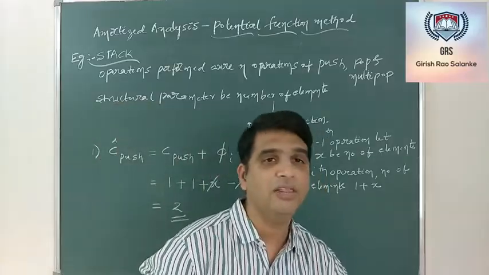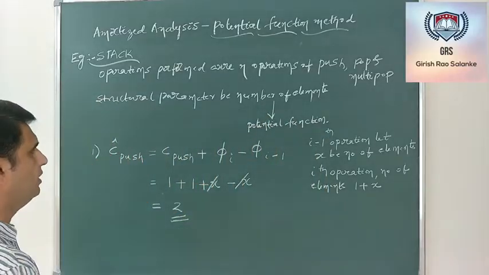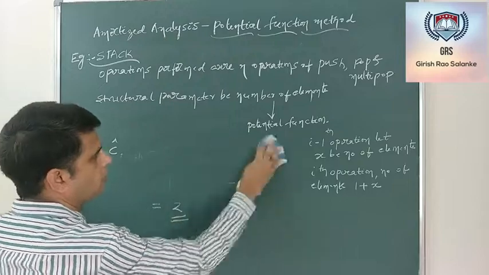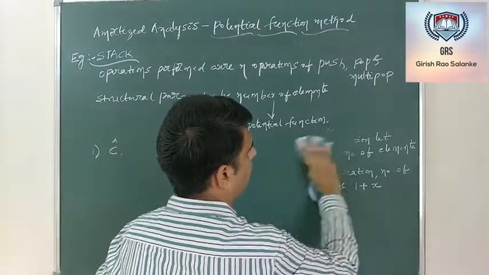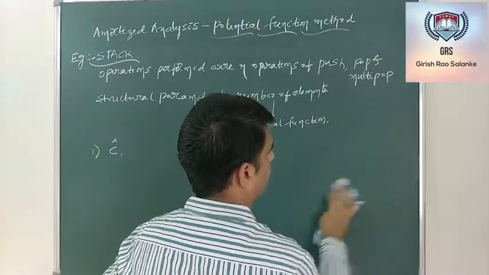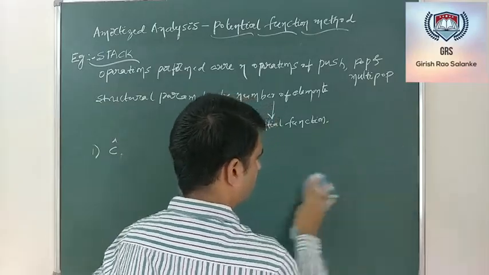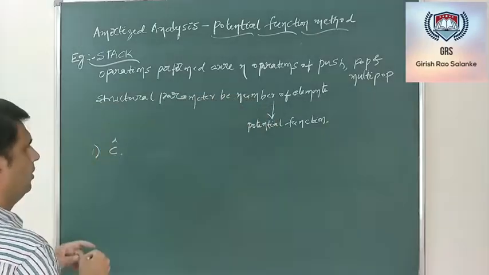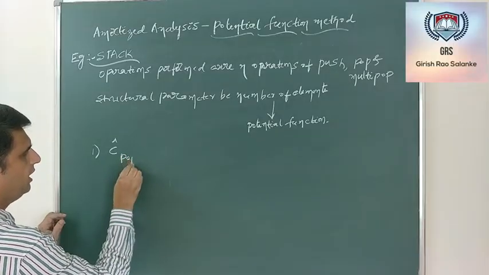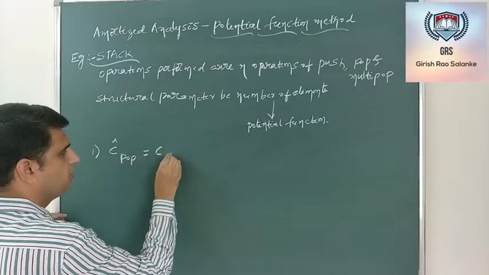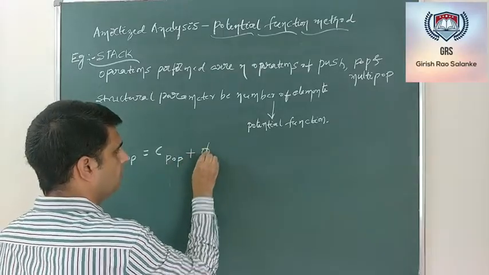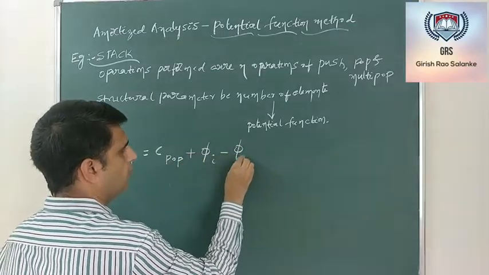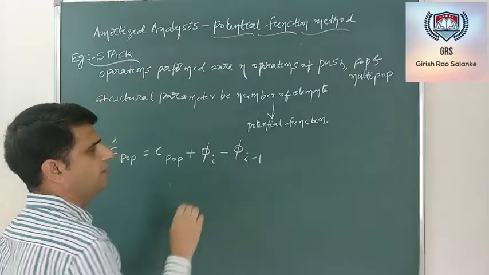Let us see what the amortized cost is for performing the pop operation. C dash of pop is equal to C of pop plus the change in potential, phi i minus phi i minus 1.